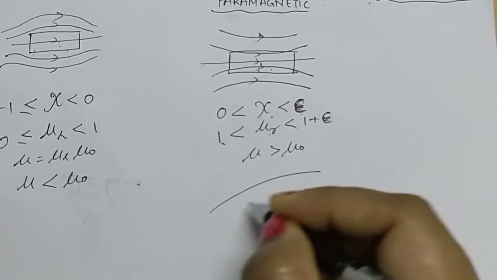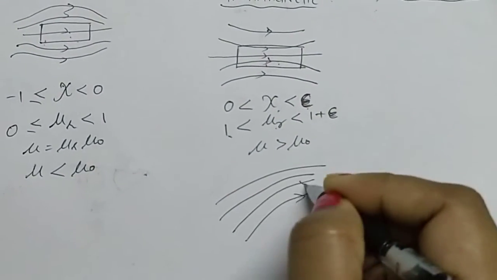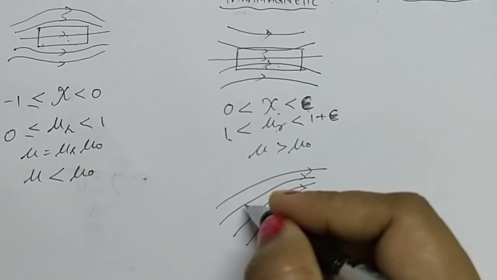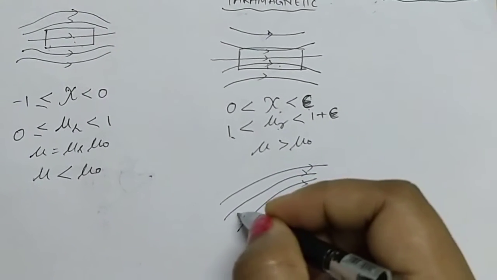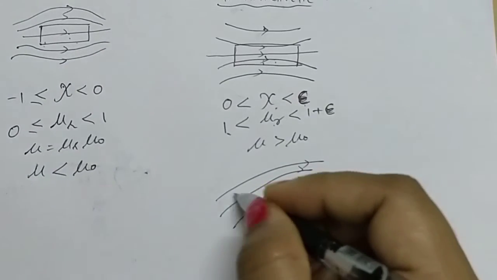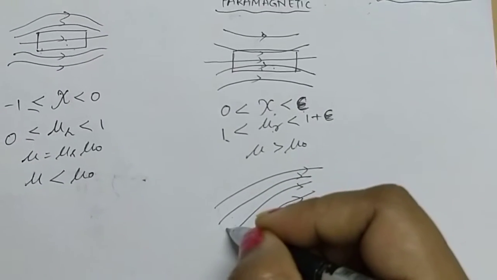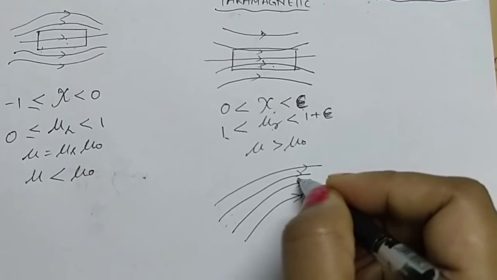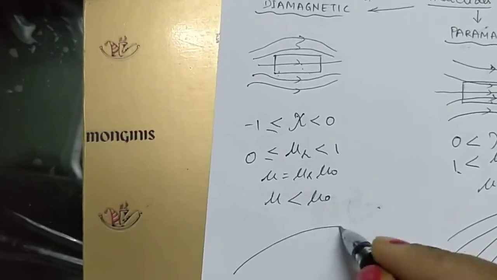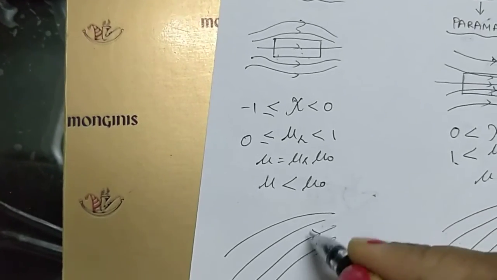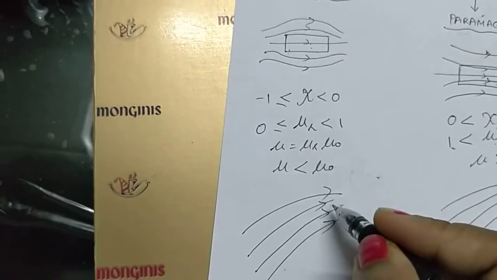But if you have a non-uniform magnetic field like this, and you place a paramagnetic substance, what will happen? Due to the magnetization, it will move from the weak magnetic field region to the strong magnetic field region. Whereas a diamagnetic material in this kind of non-uniform field will behave oppositely.